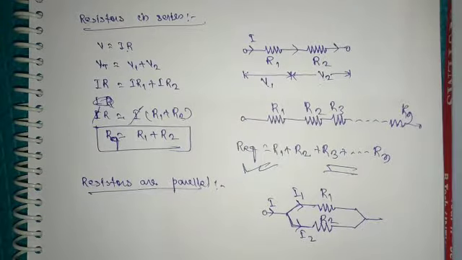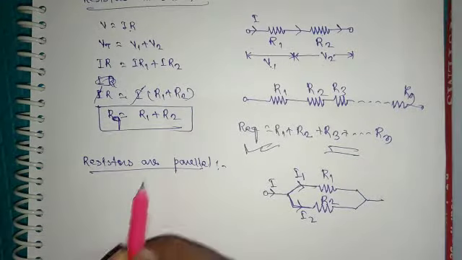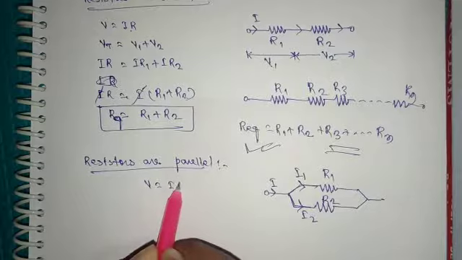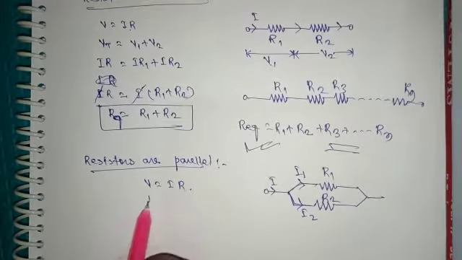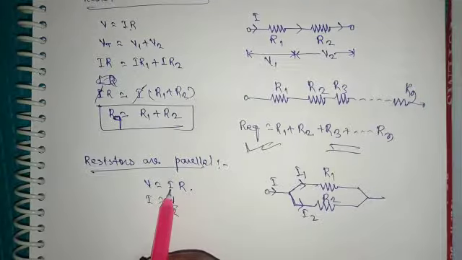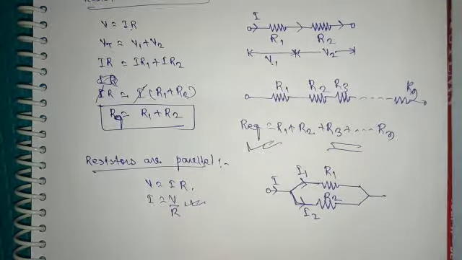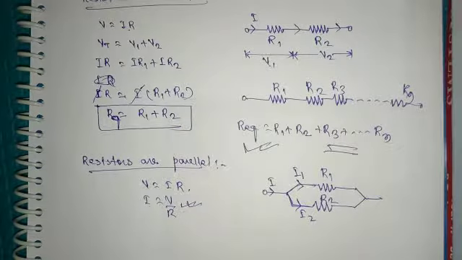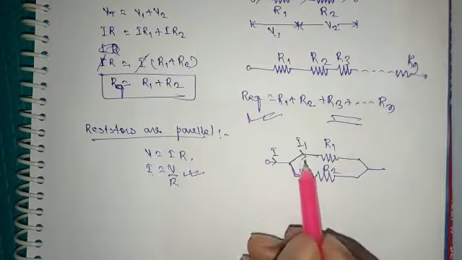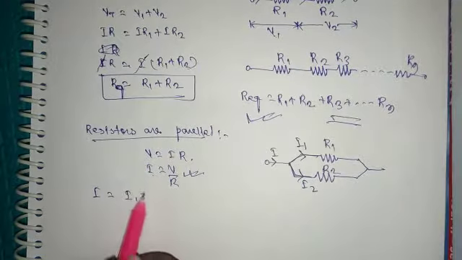From Ohm's law, V is equal to IR, so we can write I is equal to V by R. The total current in this network is I is equal to I1 plus I2.